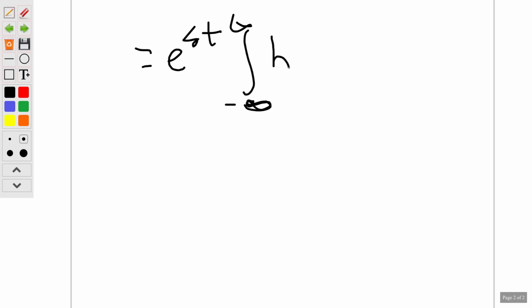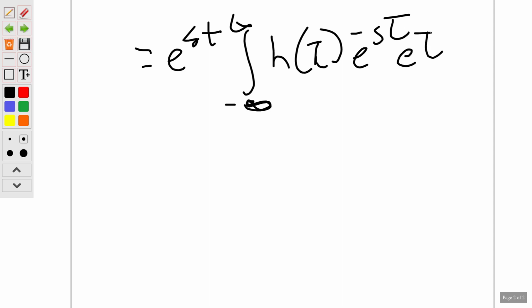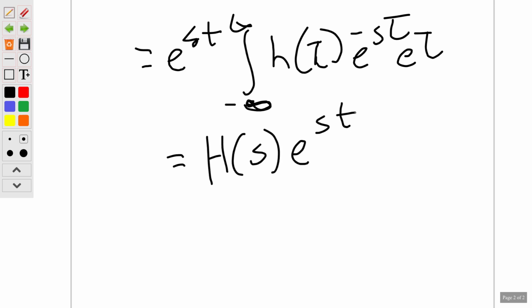Now let's take e power st outside. The remaining integral is h of tau e power minus s tau d tau. This can be expressed as h of s times e power st. So y of t equals this.